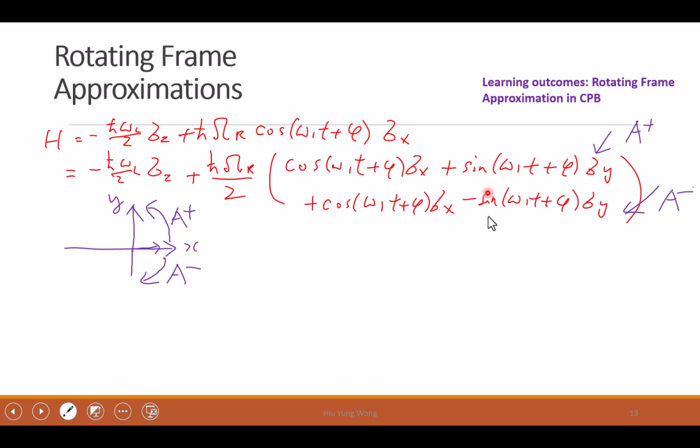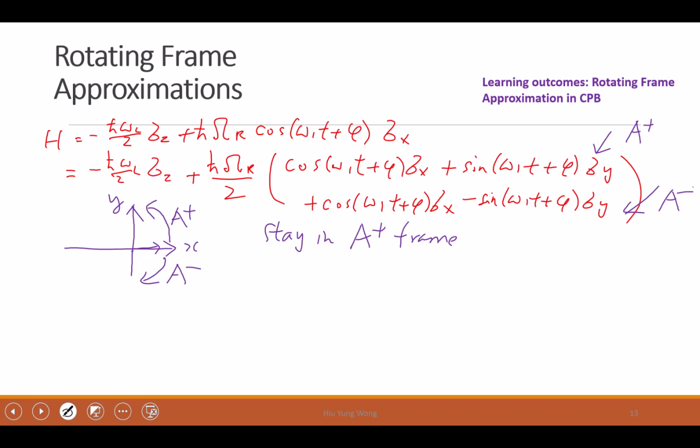So, if we just stay in the A plus frame, now it's the rotating frame approximation. Two vectors are rotating together. I stay in the A plus frame, which is rotating.